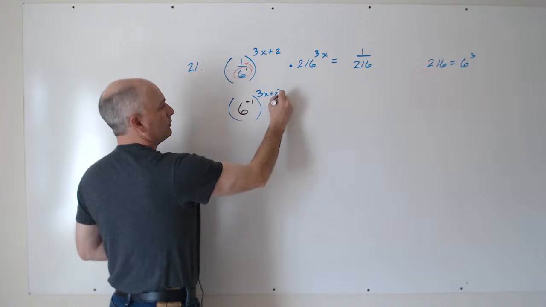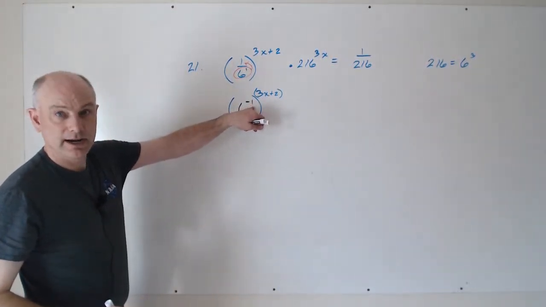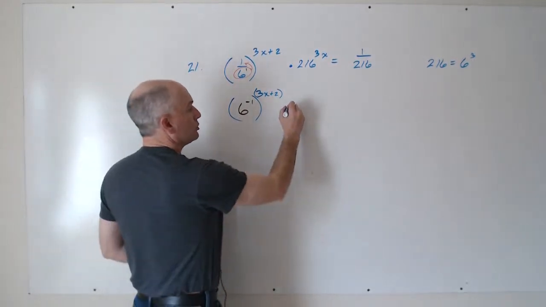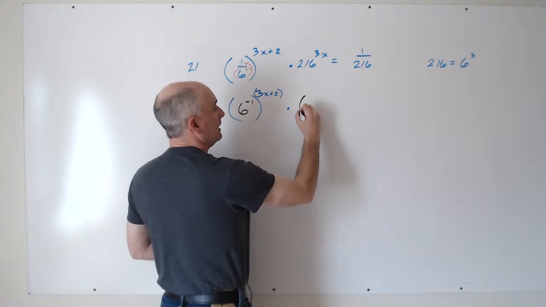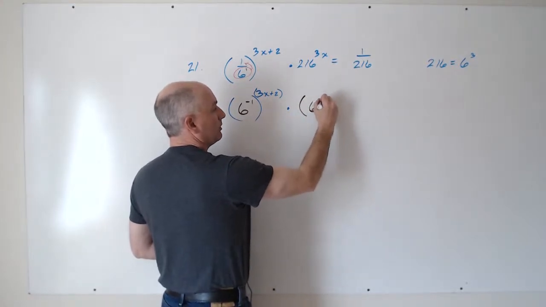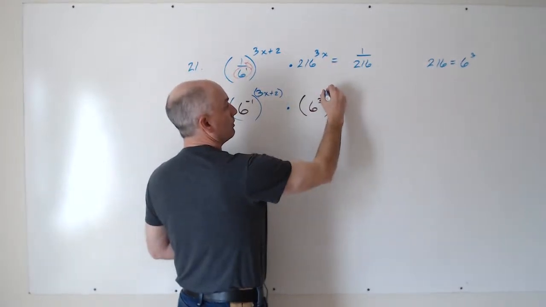Now I'm going to be a little careful here. I'm going to put that in parentheses because that's how it needs to interact with the negative 1 here. The 216, I'm going to rewrite that as 6 to the 3rd power, as we saw in the last problem, but that's still raised to the power of 3x.